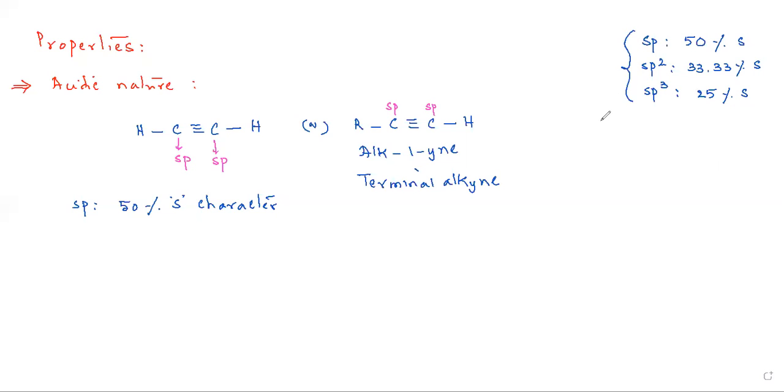Now, if a bond has more s character, as s electrons are much closer to the nucleus, it will have more electronegativity.